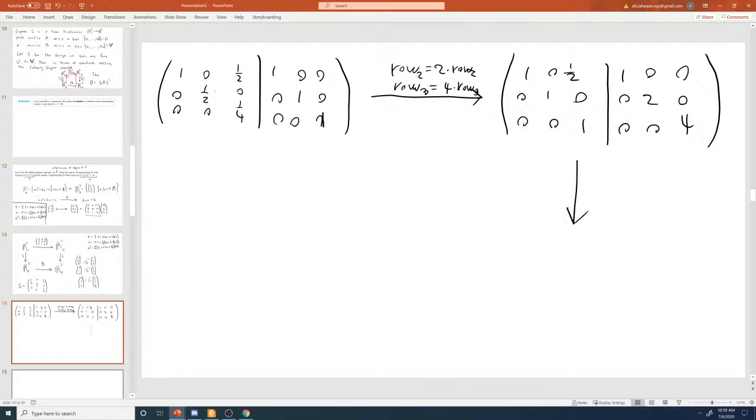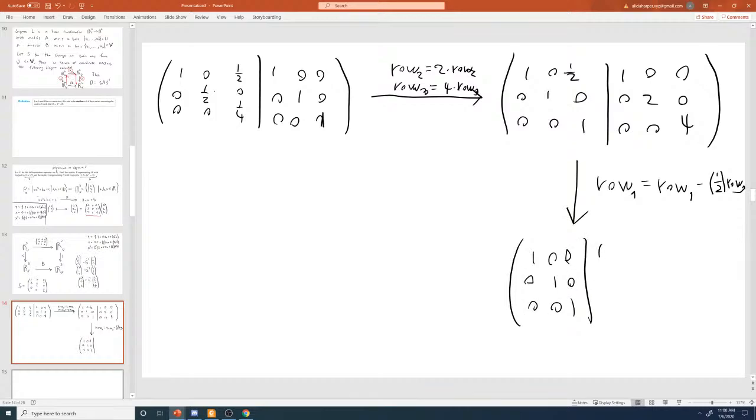And then the final row operation I have to do is cancel out this 1/2. So I set row 1 to be equal to row 1 minus 1/2 row 3. If I do that, I get 1, 0, 0, 1, 0, -2 here.